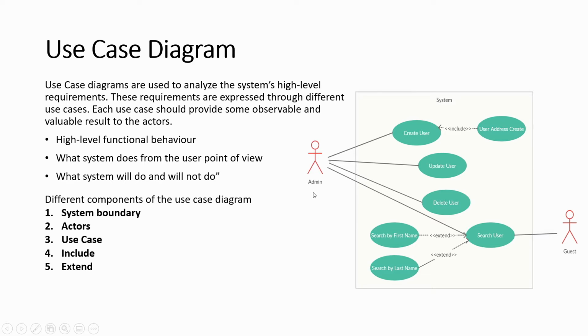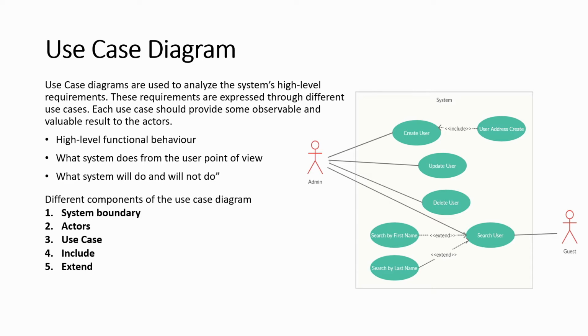Your actor does not really need to be a human being; there could be cases where your actor is a system itself. Let's say an automated email is sent to the user. In that case your actor is the system itself, because the automated mail triggering happens from the system. So your actor can be a human being or not.